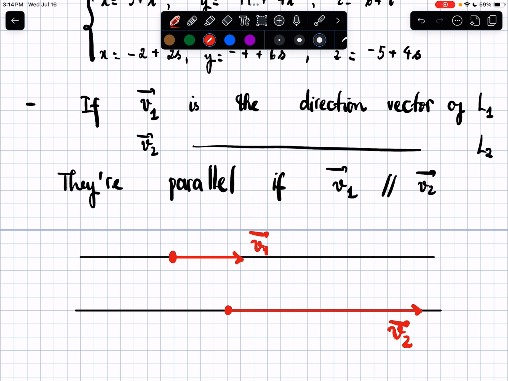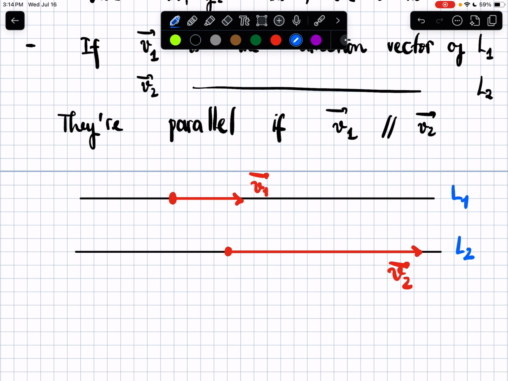If they are parallel, then of course our lines L1 and L2 are parallel. If the two directions are not parallel, then the lines L1 and L2 are not parallel.